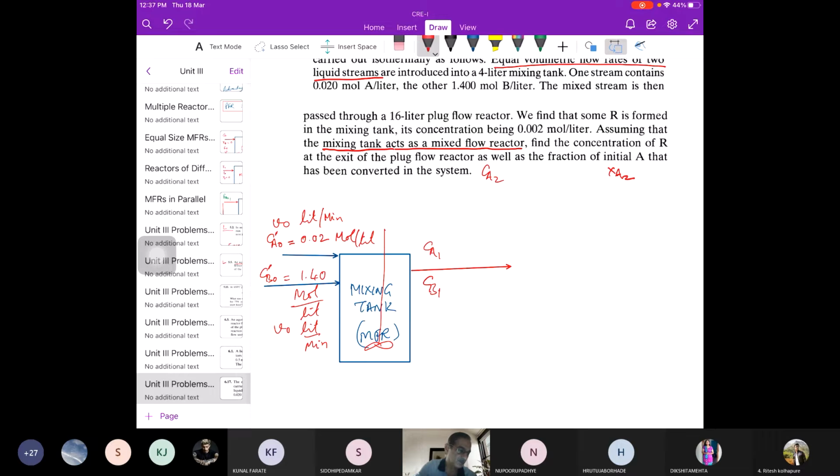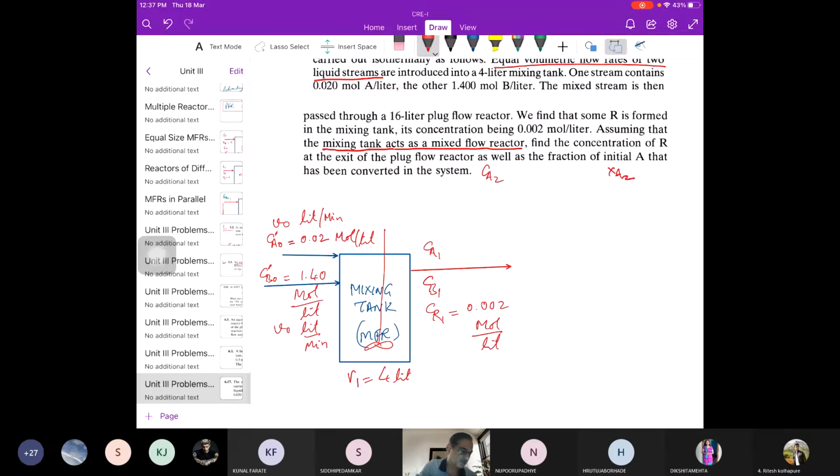Okay. We find that some R is formed in the mixing tank, so some reaction takes place in this reactor or mixing tank, and what we have is CR1 is equal to 0.002 moles per liter. Right? And this volume V1 is equal to 4 liters. Okay.